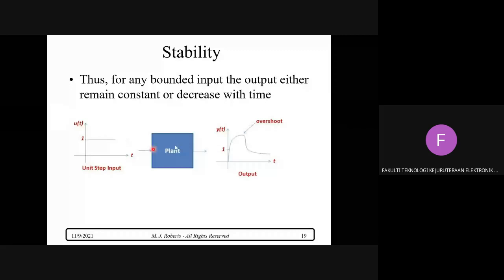If it goes into this system, the output increases a bit and then decreases with time, so we call it a stable system.